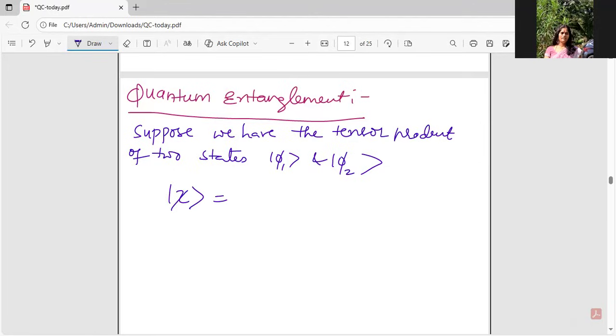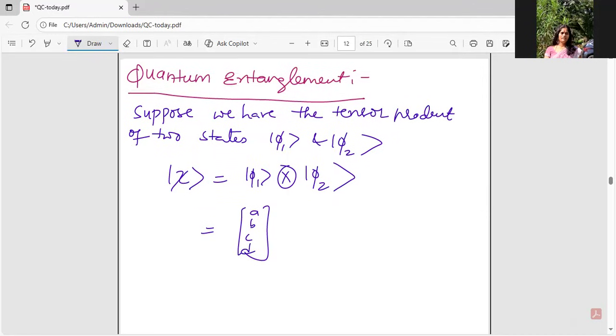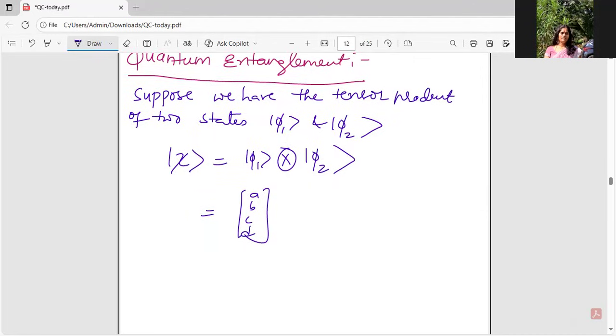Ket xi is equal to ket phi 1 tensor product ket phi 2. Now, the resultant space, suppose if I get something like ket xi with coefficients A, B, C, D. If I get something like this, then how I will check for entanglement or not is, there's a condition.